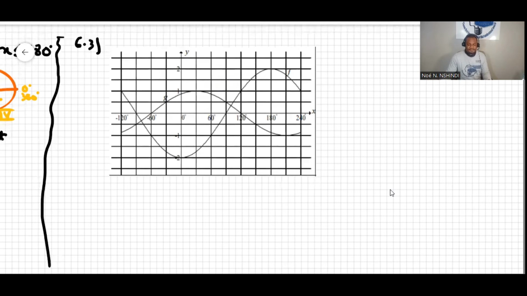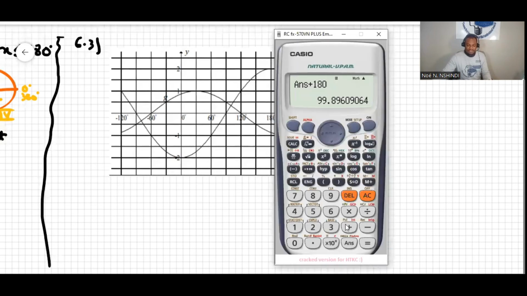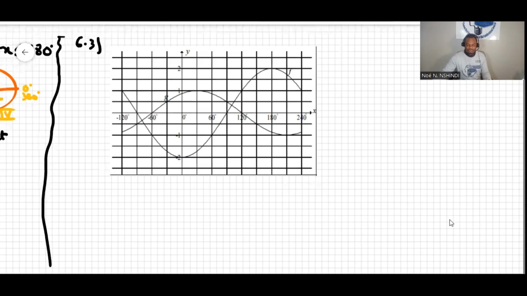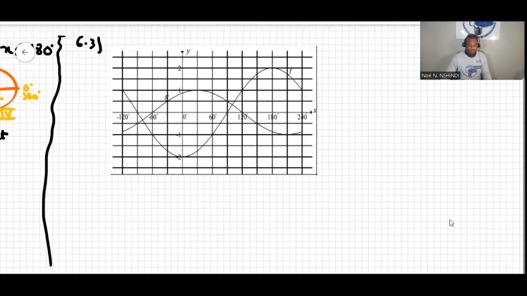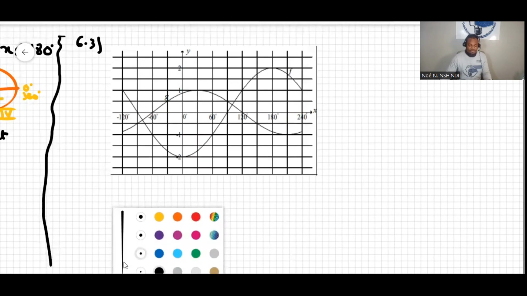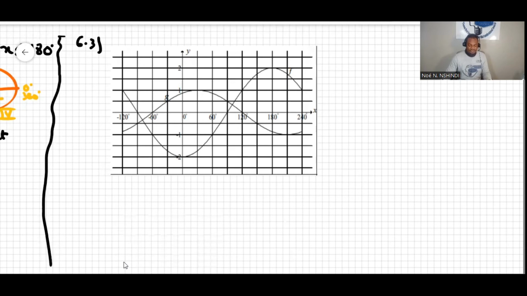Then we have the whole graph. You can use a calculator to enter the values and then just draw, or you can use the point plotting technique. Put in x here, and then sine of x plus 60 degrees.